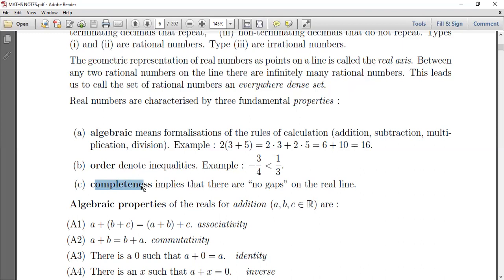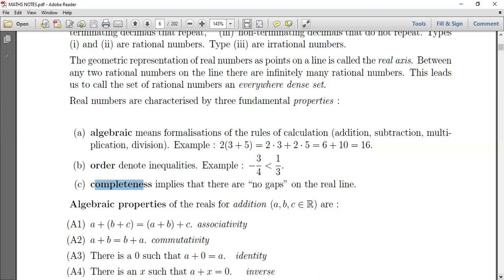All weight can be measured, which means there are no gaps. There is no number which you cannot express quantitatively. That's the completeness property, which means there are no gaps. There is nothing that you cannot quantify and give a numerical value. Okay, that's the completeness property.